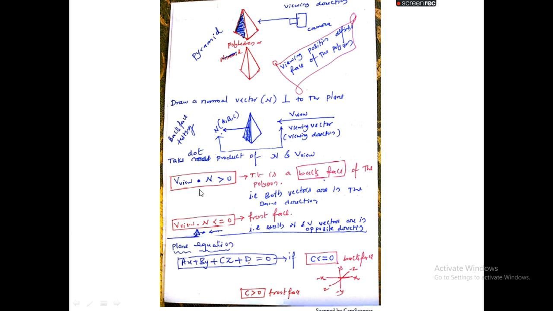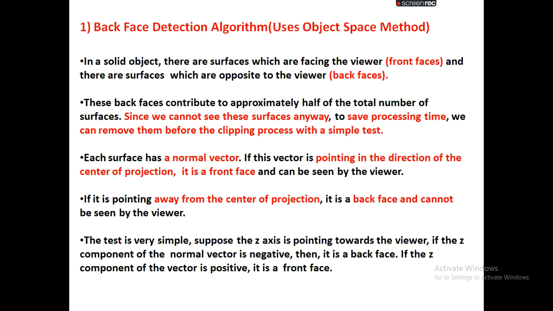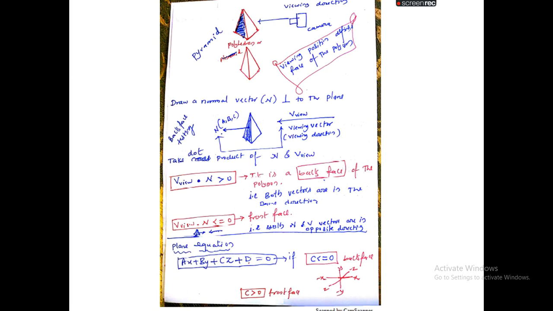So if you take the dot product of the viewing vector and the normal vector, if the result is greater than 0, it means that it is the back face of the polygon. It is the back face of the polygon. Now I am explaining how the back face detection algorithm works.